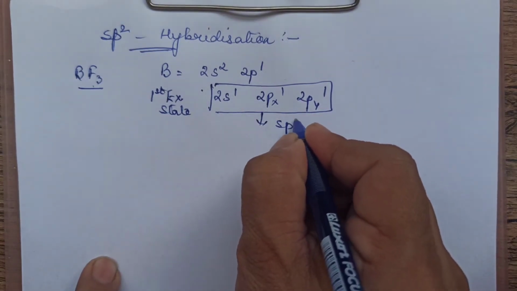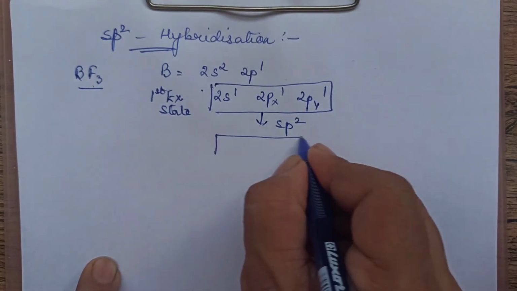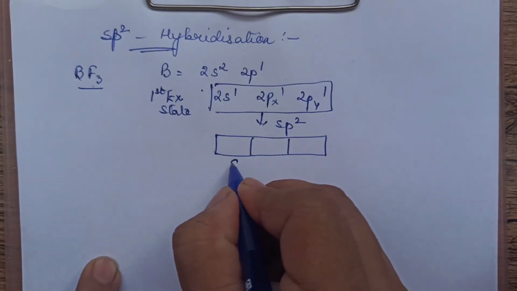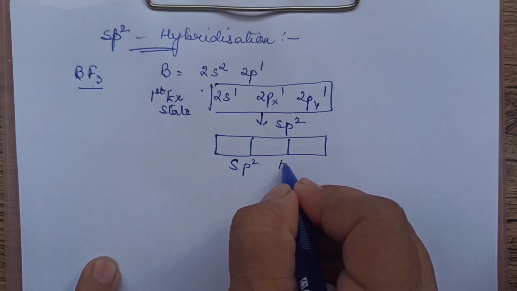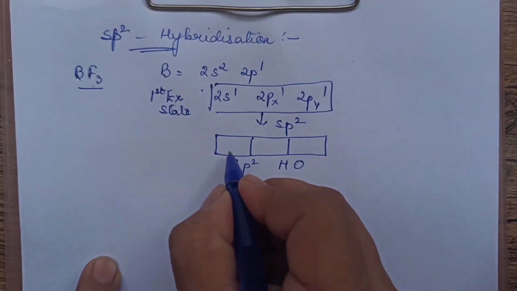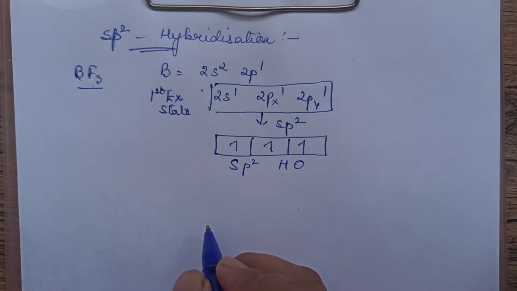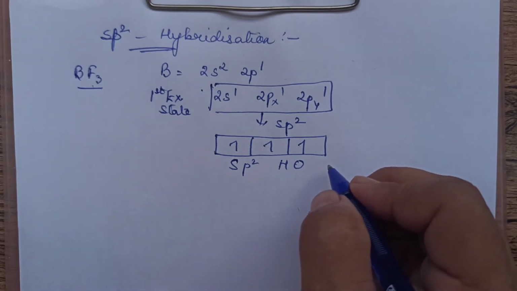They undergo sp2 hybridization and result in the formation of 3 sp2 hybrid orbitals, and each of them now has one electron. So there are 3 sp2 hybrid orbitals and all of them have one electron.